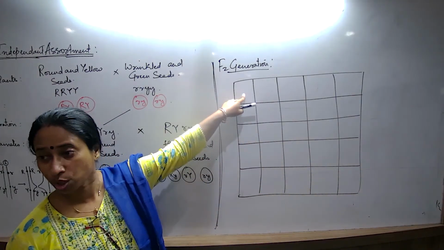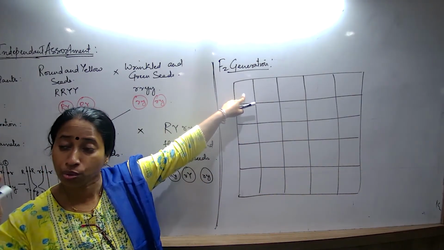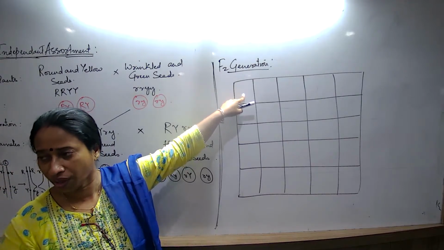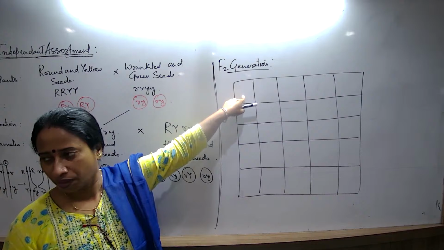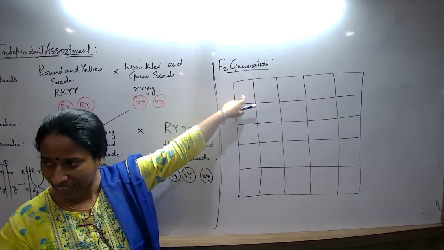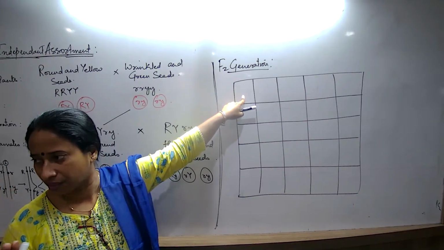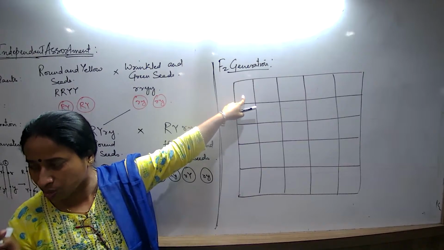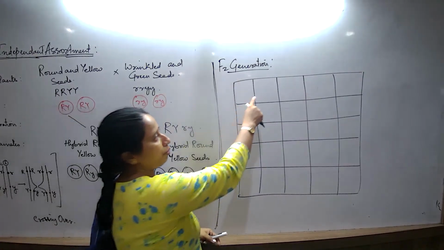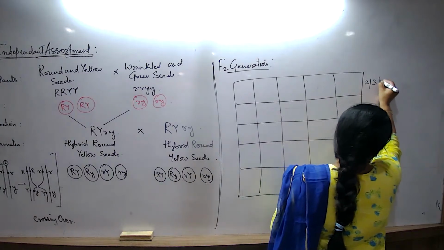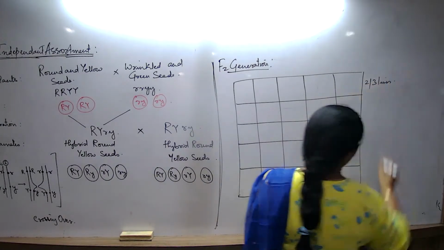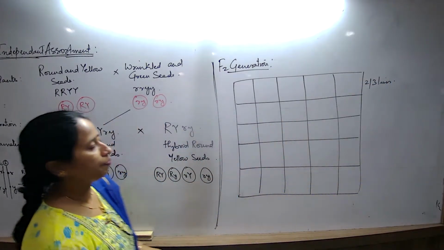Every single box should be at least minimum 2 to 3 lines. Depending on your handwriting, if your handwriting is big, 3 lines you have to keep. You have to write down the phenotype, the next line the genotype. So don't make only one line box. Remember, if your writing is small, then 2 lines enough.